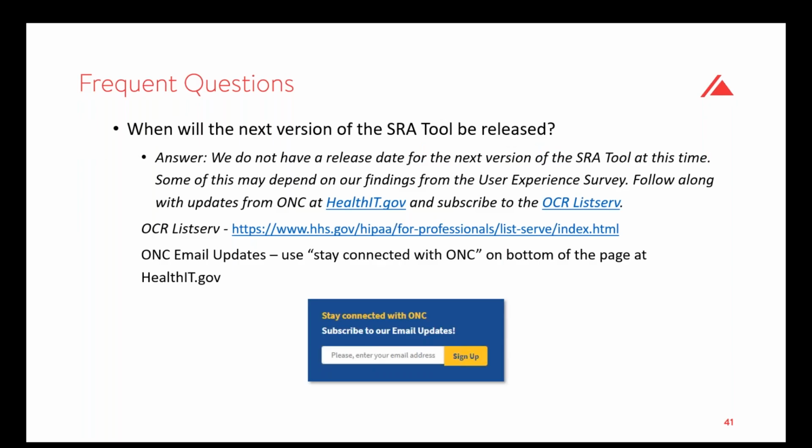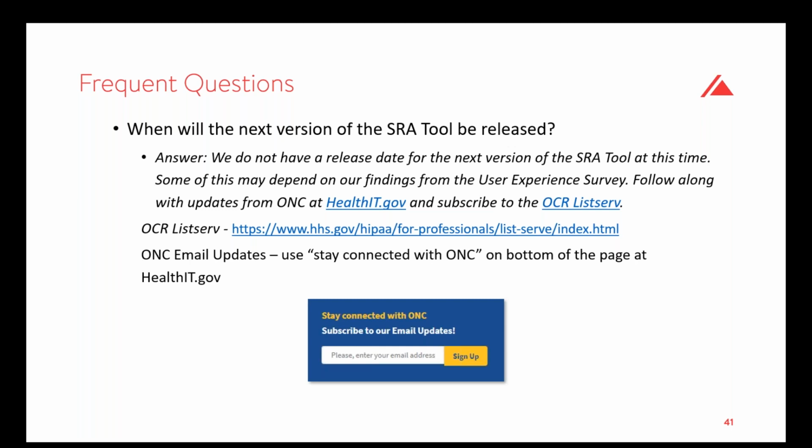And finally, given that we teased some of those enhancements, when will the next version of the SRA tool be released? Unfortunately, we don't have a release date for the next version of the tool at this time. Some of that is going to depend on our findings from our user experience survey. We want to get some worthwhile enhancements from our user feedback to incorporate into the next version.